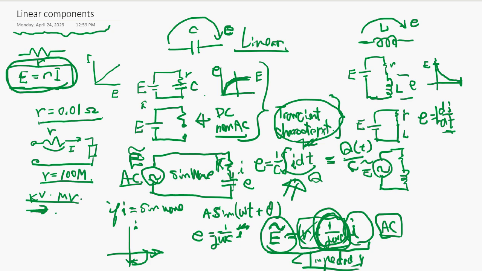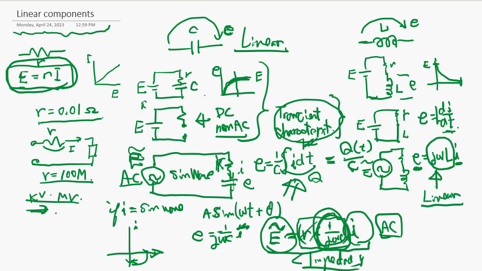And if you take a derivative, E becomes j omega L I, and this is impedance. So this is the impedance of the inductance times current becomes the voltage across. Again, it's linear.